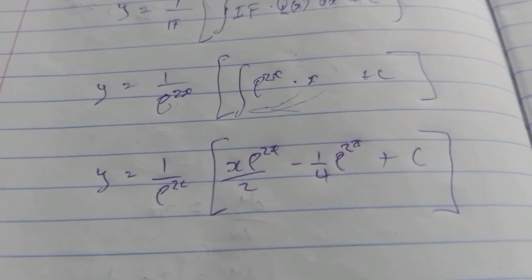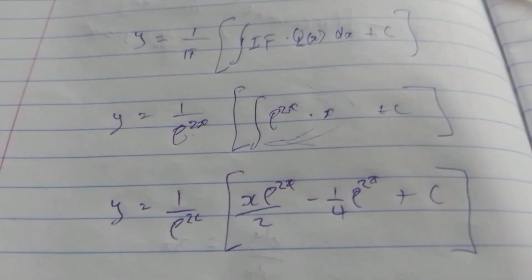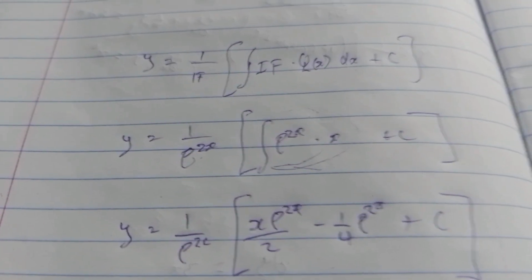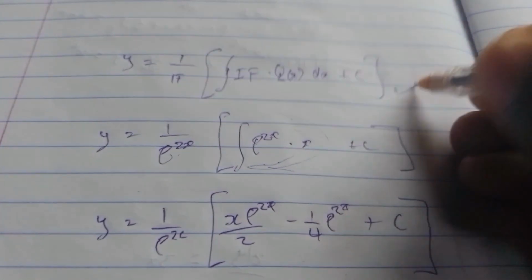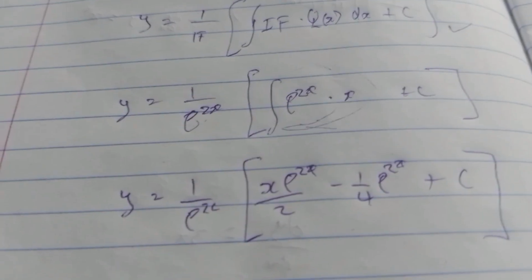We'll still end up having the same answer. So the general method, the formula, is just the summary of the long method. So it's advisable to memorize this formula. Now let's try another problem.